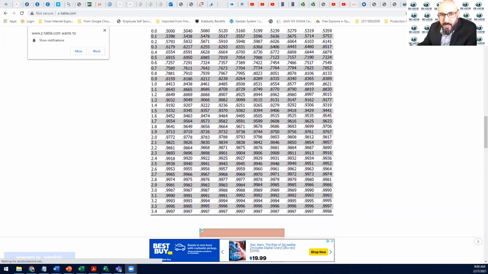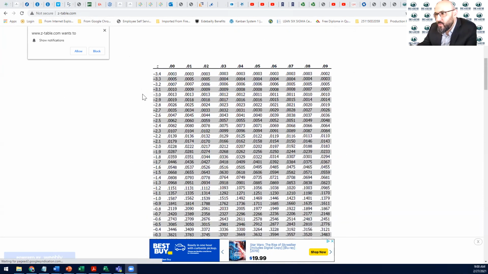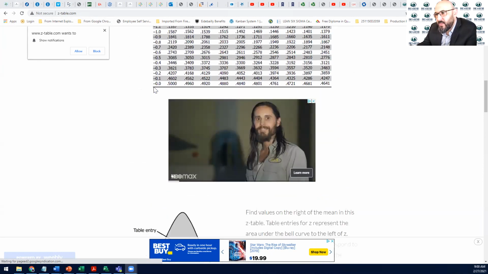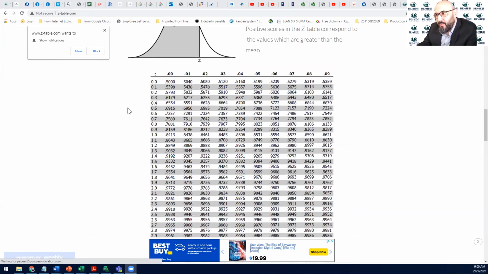So the z-score is 0.87. There are two tables, one for negative z-scores and one for positive z-scores. For this example, 0.87, we need to go to the positive one. So that would be right here. You go to the row 0.8, and for the column you go to 0.07, and the intersection between the row and the column is 0.8078.